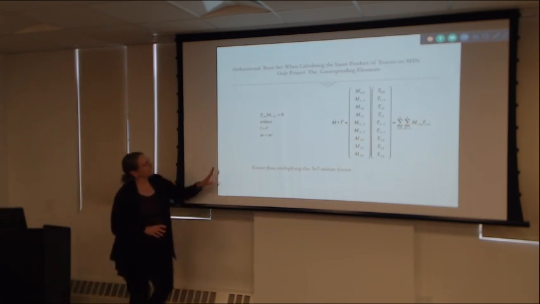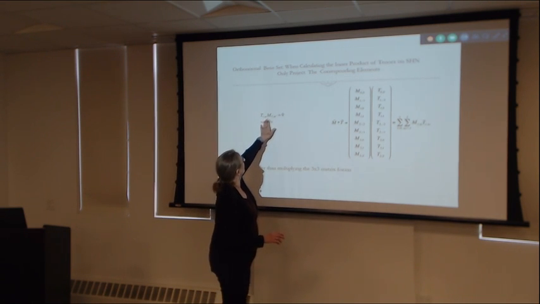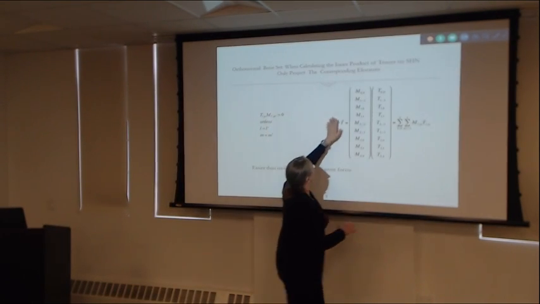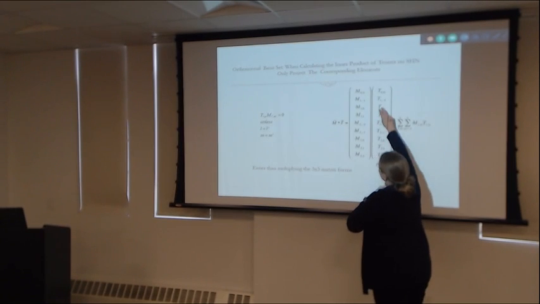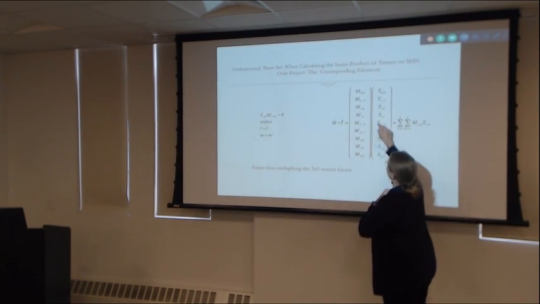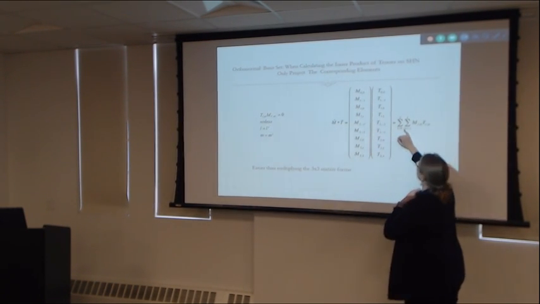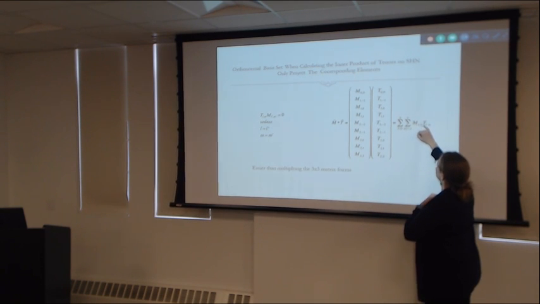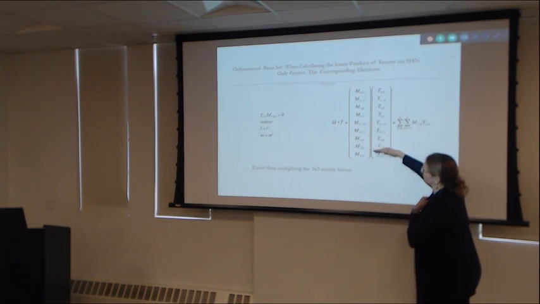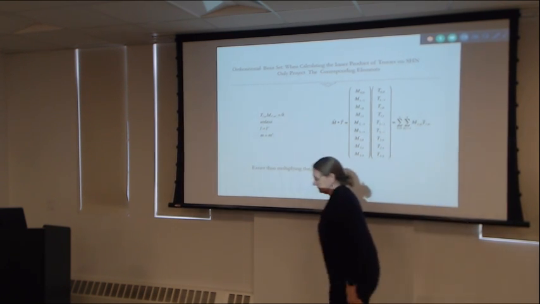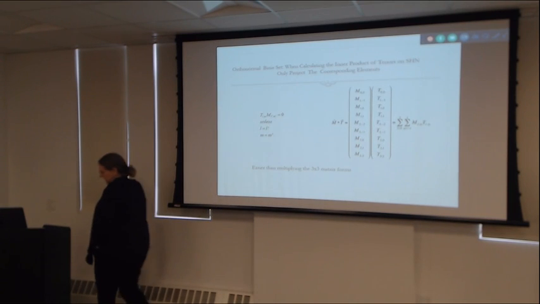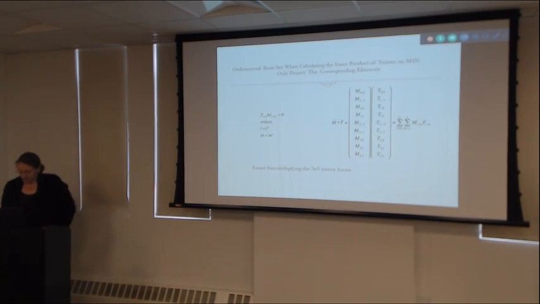When I combine two tensors, with their components, I don't do any of these kind of cross multiplications. I just sum R_LM, T_LM from L equals 0 to 2 and M equals minus L to L. Just match them. That's all. Don't multiply anything else. So that's a little easier than multiplying 3 by 3 matrices.